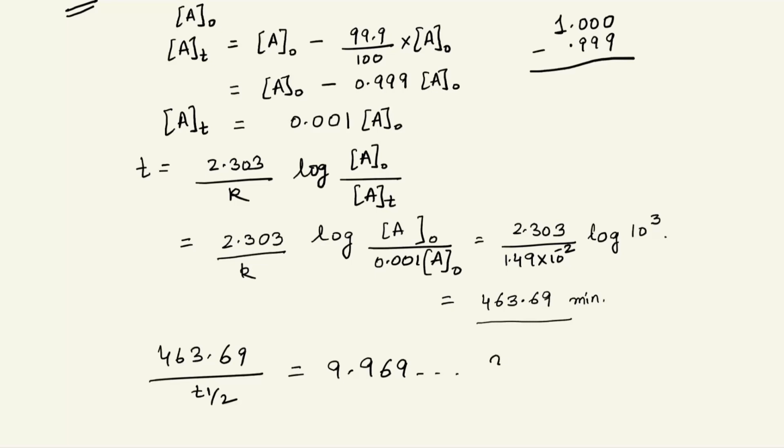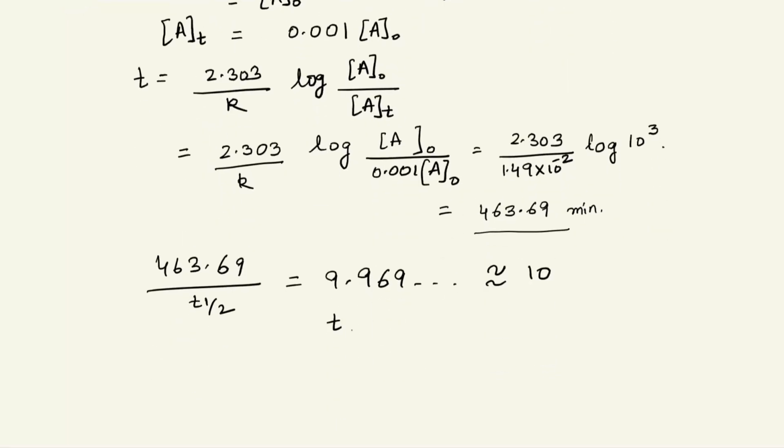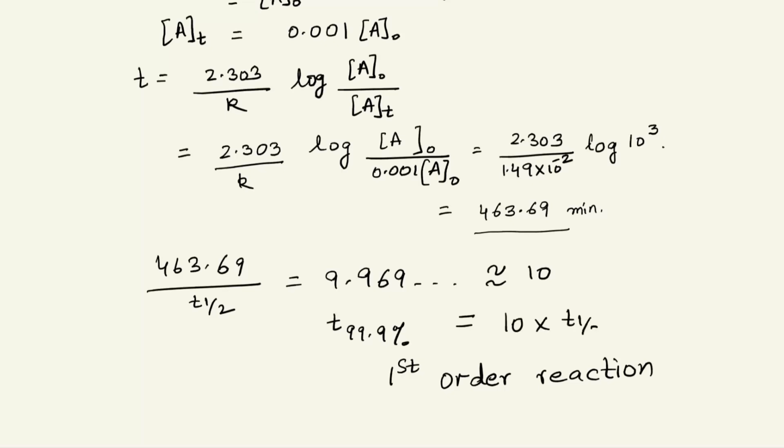Now if you see over here, this is approximately 10. In other words, the time taken to complete 99.9% of the reaction for a first order reaction is approximately 10 times the half-life period.